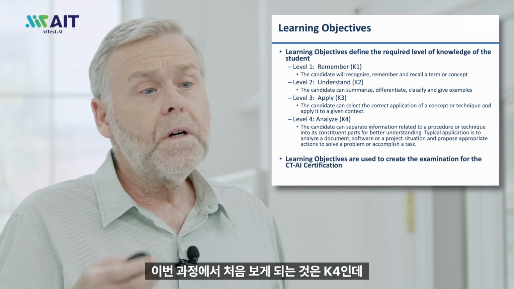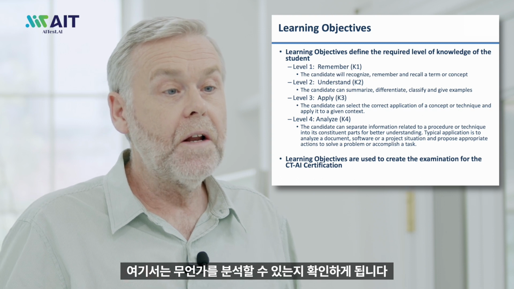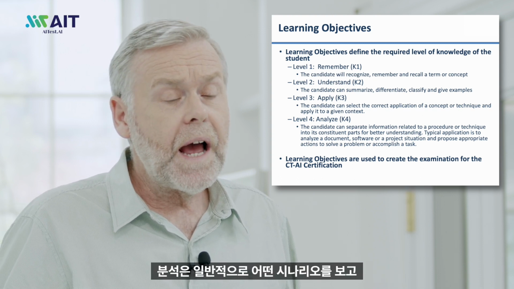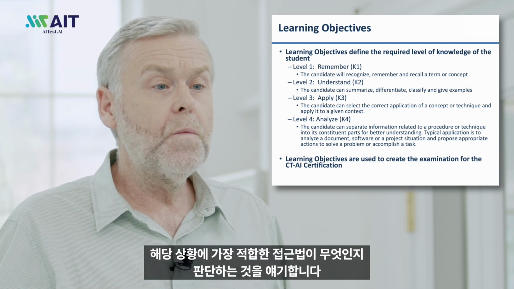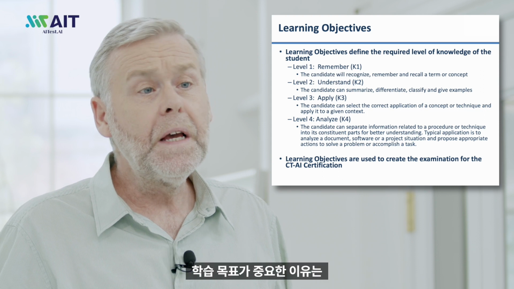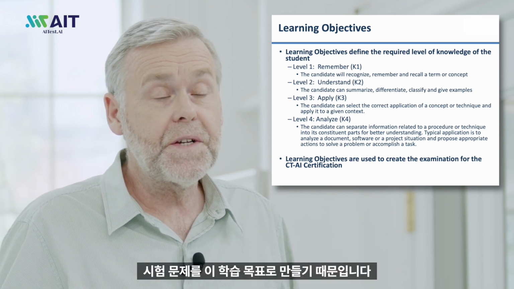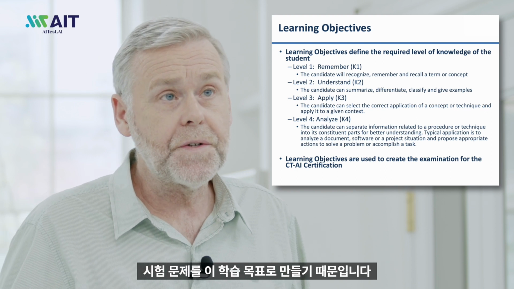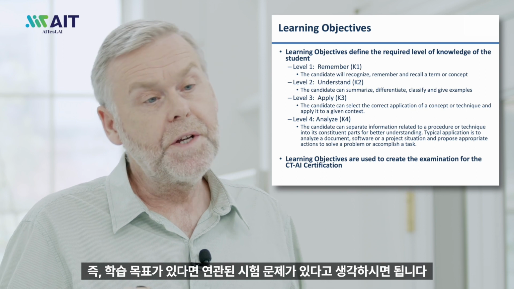The new level for this course that you won't have seen before is level 4, which is to analyse. So typically for analysing, you'll need to look at a scenario and decide what's the best approach given that scenario. Now, learning objectives are important because we use the learning objectives to create the exam questions. So if there's a learning objective, there'll be an exam question.